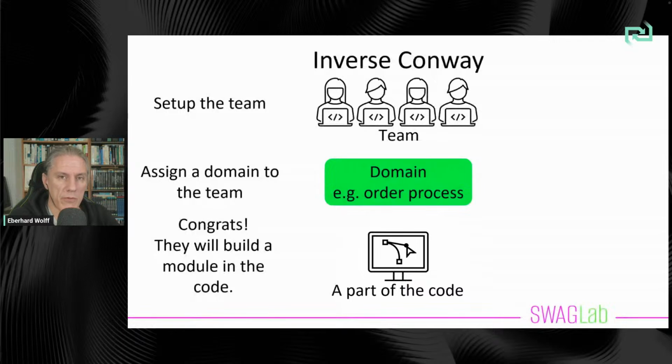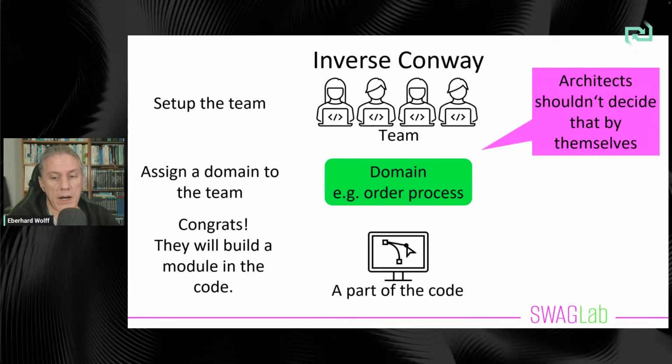This is something that is related to microservices and modern architecture approaches. I would argue that architects shouldn't decide that by themselves, because this is about which team does what.